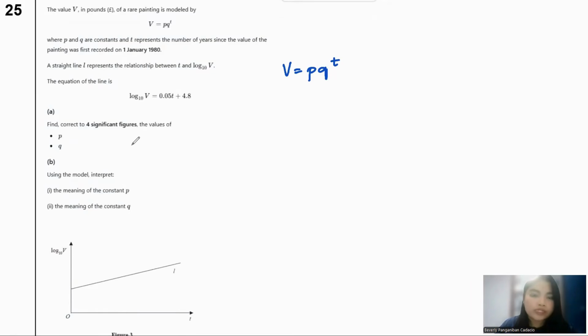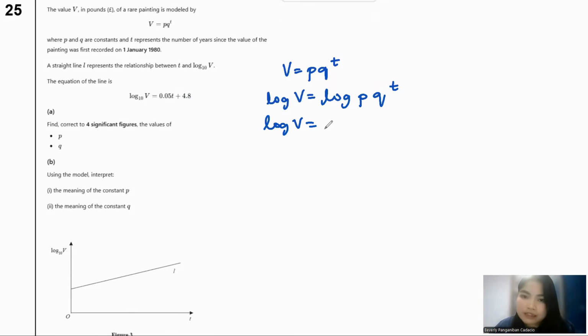What you need to do is to make it in log form, like this. And what are you going to do? Take log on both sides, which is it will become log V is equal to log PQ^t. Let's do it step by step. You know that in logs, P and Q are multiplying to each other, so I can separate them and expand them by putting addition at the middle and putting log on both sides.